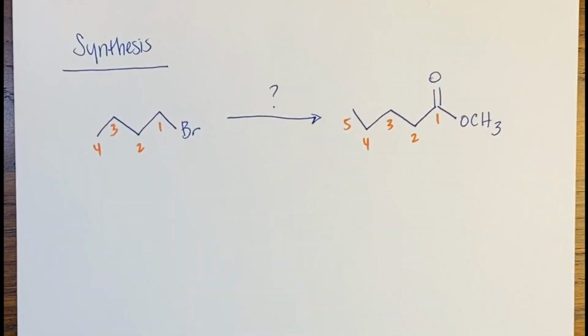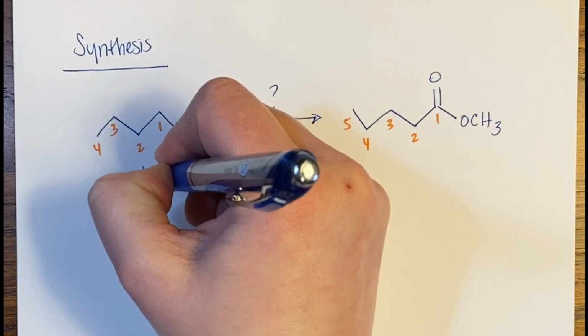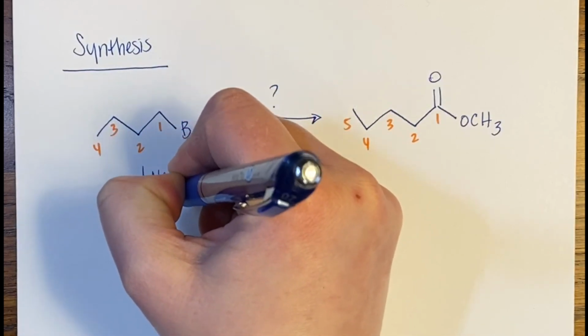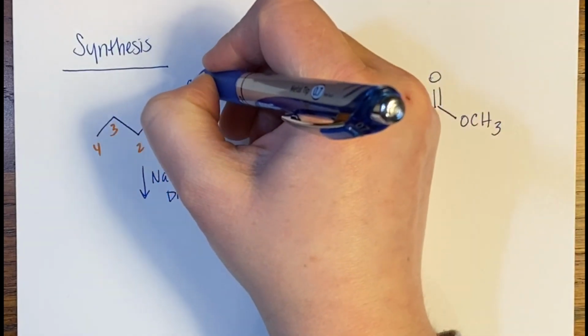The strategy that I'm going to use in this problem is the use of a nitrile functional group. It will introduce an additional carbon into my structure, and it will allow me to extend the length of that carbon chain by 1 carbon. And I can do that through an SN2 reaction. I can take this alkyl halide and I can treat it with sodium cyanide in DMSO, and I can do an SN2 reaction.